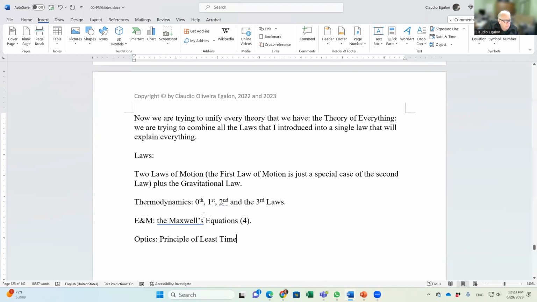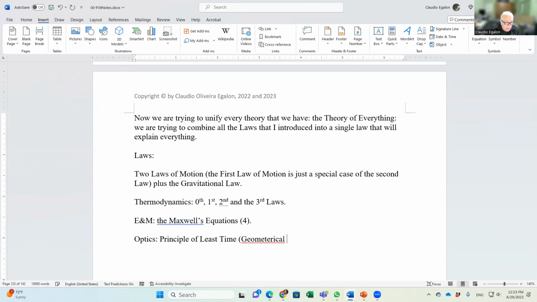And by the way, the optics is nothing but a subset of electricity and magnetism, okay? Remember that propagation of light is made of electric and magnetic fields. Because of that, optics is a subset of electricity and magnetism. So we can go ahead and take it out. The principle of least time applies to geometrical optics, right?